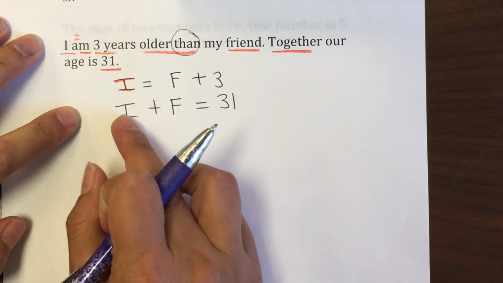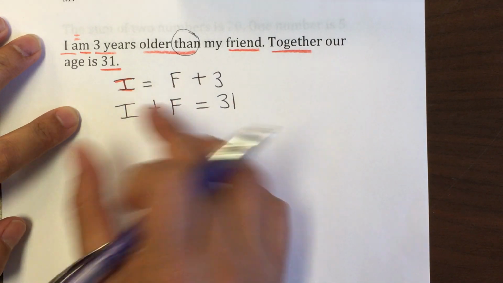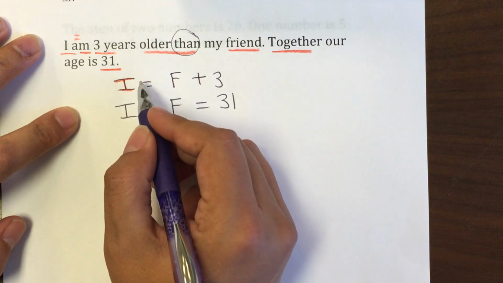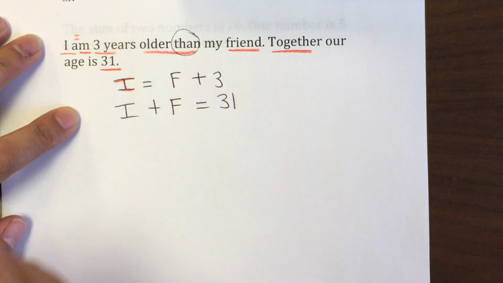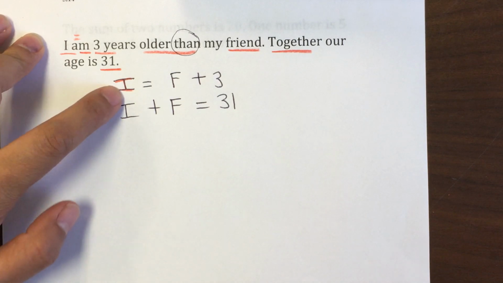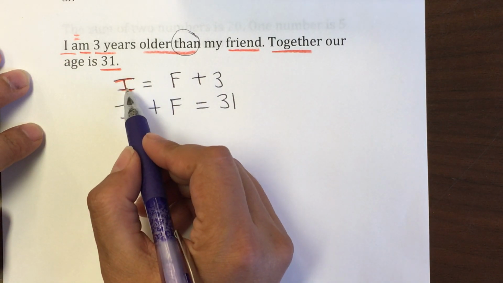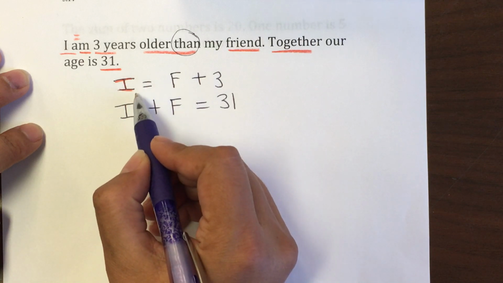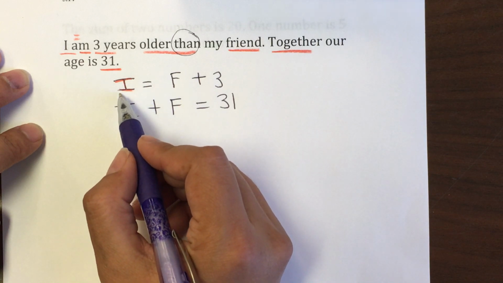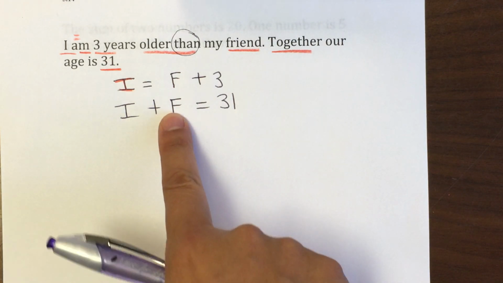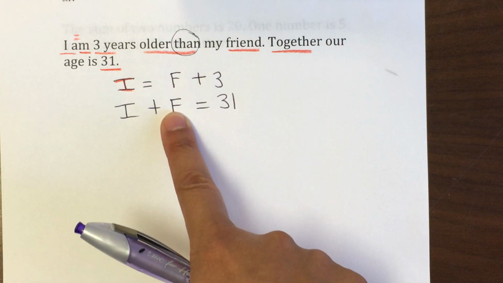Elimination is when your I and your F would be on the same side of the equal sign, but for the first equation we don't have that set up, and we can easily set it up that way. If you prefer that, you can subtract F from both sides and have minus F, and the answer will be I minus F, so that way it can help you eliminate the F.